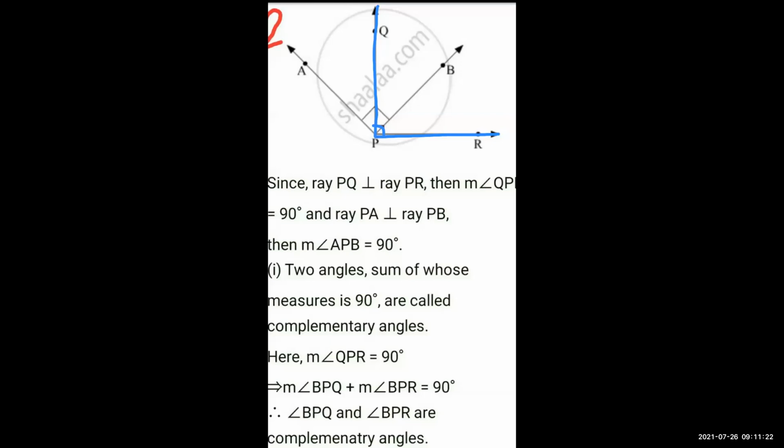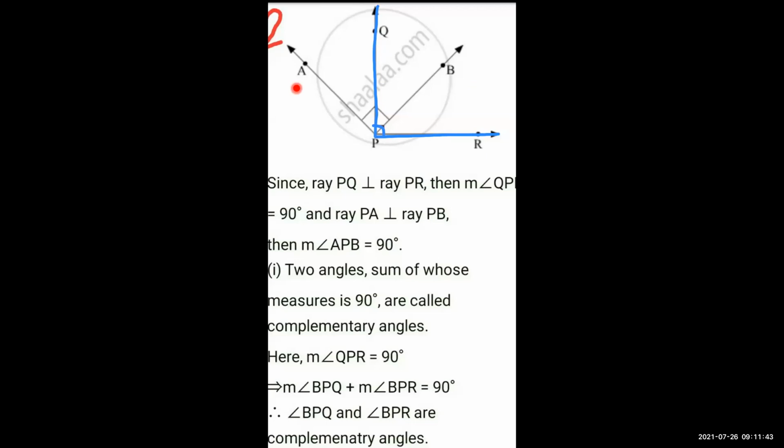Here you can see point B, and here is point A. Now ray PB and ray PA.